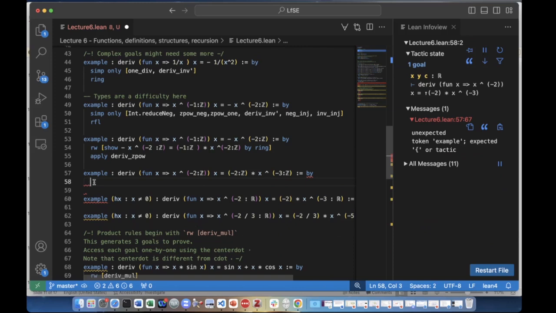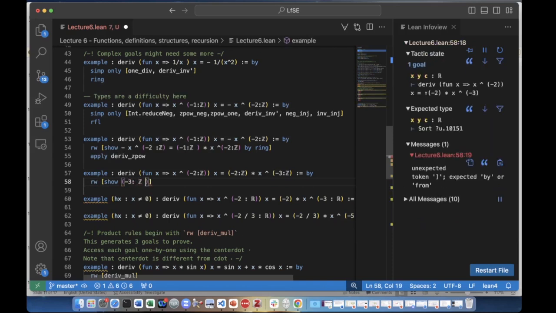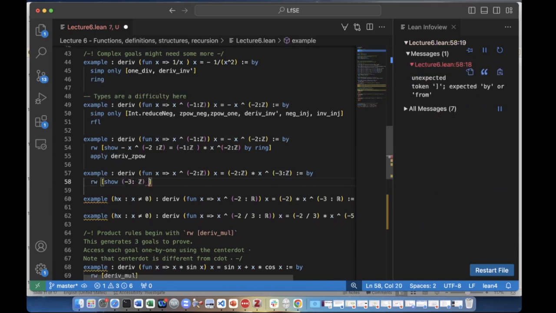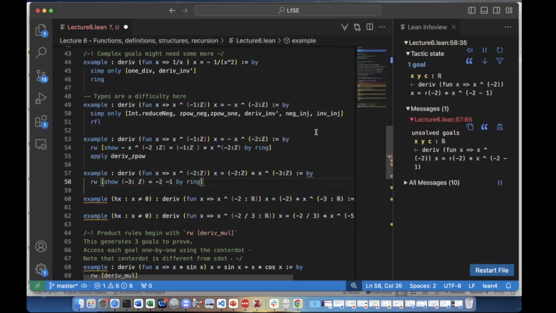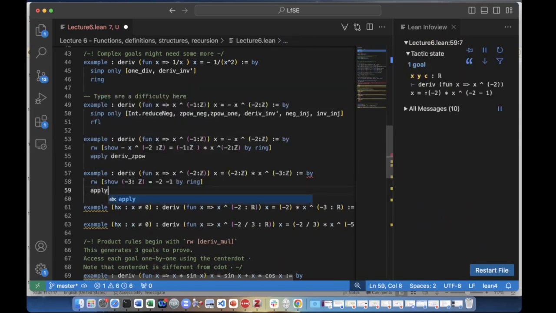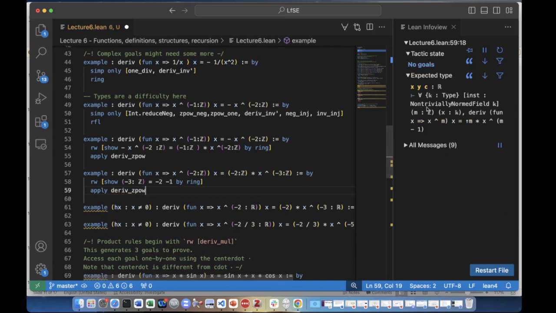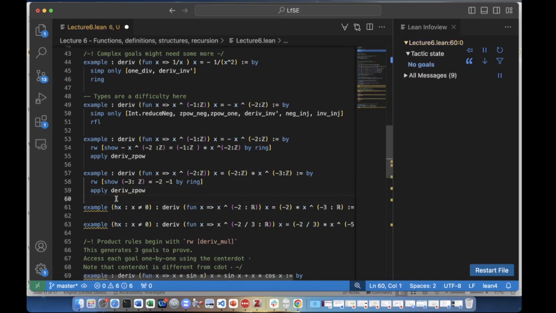So here we are going to rewrite, and we're going to show that -3 with type Z is equal to -2 minus 1 by ring. This has set up the goal to be -m minus 1. So we're ready to go. And we can apply the derivative of Z power, which is in the shape it needs to be to get into no goals.